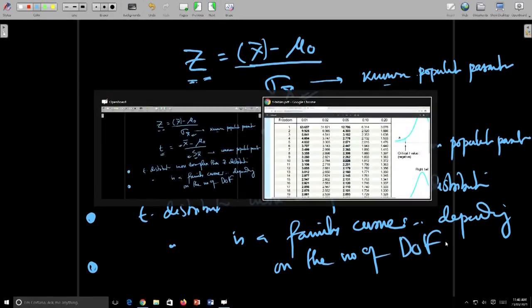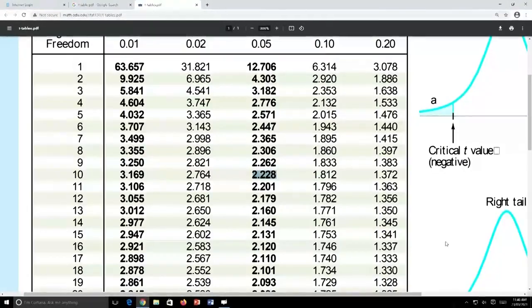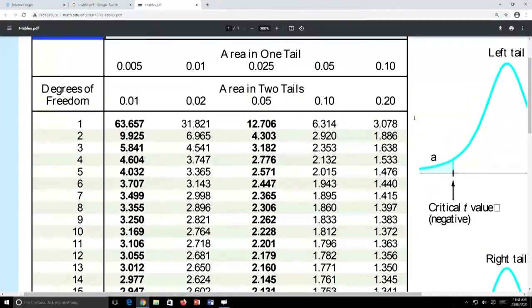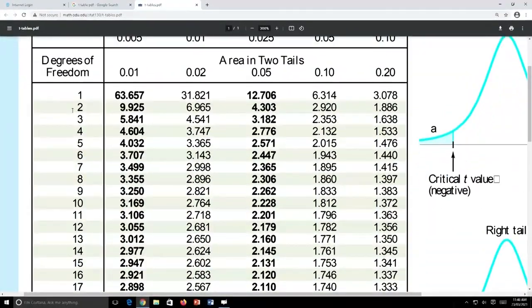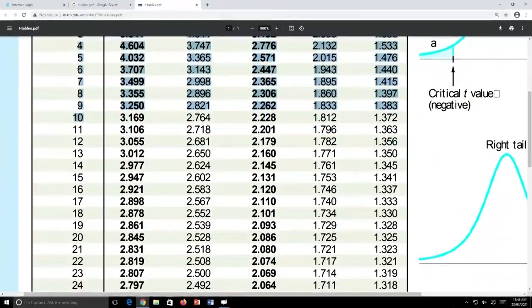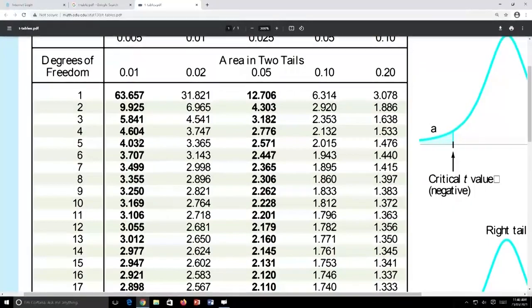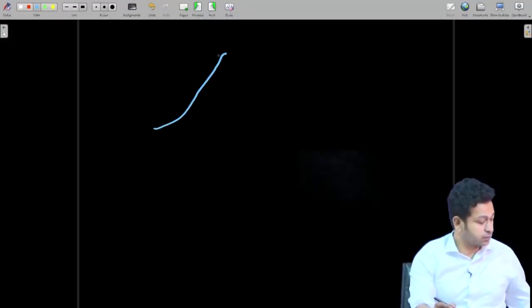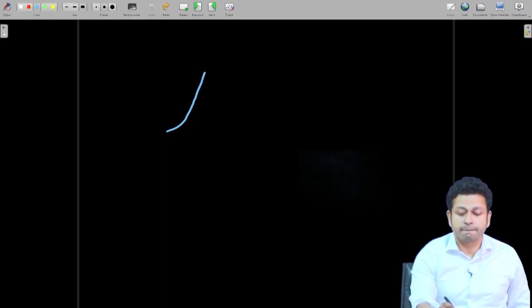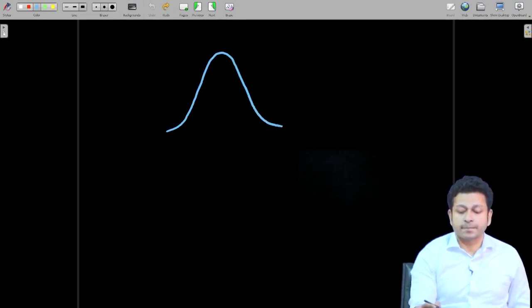For example, if I use a T table, this is a T distribution table for critical T values. You will see that for different degrees of freedom, you are getting different critical values. Now, how will it look if I try to draw this T distribution? It looks like a normal distribution, but it is going to be like this.